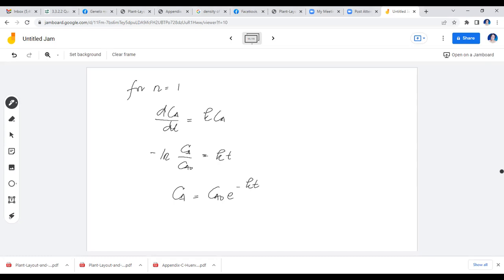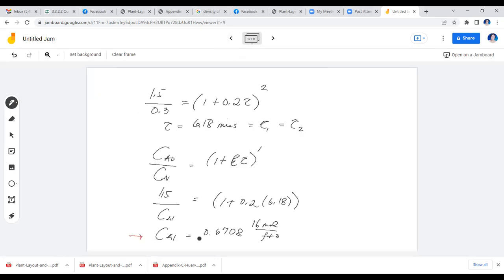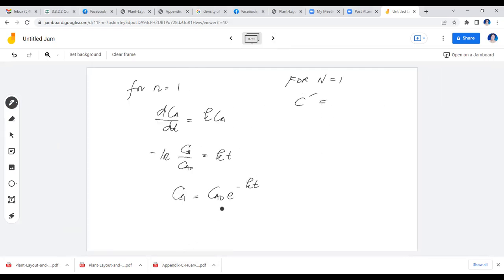Okay, so for the first reactor, I'd like to write here N equal to 1. Its final concentration, let's say I will denote it as C prime, would be equal to the initial concentration for that particular reactor, which is the concentration of the discharge from it when the operation was stopped. When the operation in the two reactors was stopped, this particular concentration of the discharge from the first reactor will be the initial concentration that you're going to use in here.